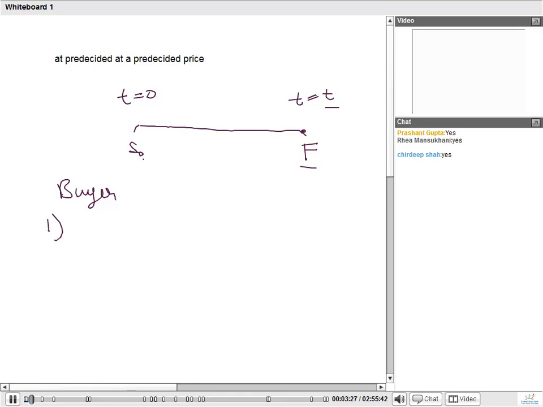First is enter forward. If he enters the forward, what is the cash exchange right now at t equal to 0? What is the cash that the buyer or the seller will have to pay?